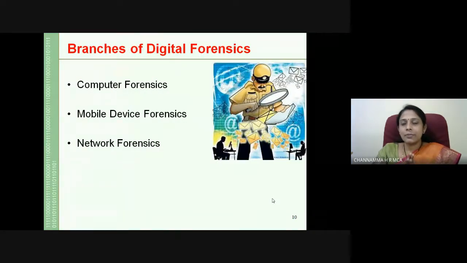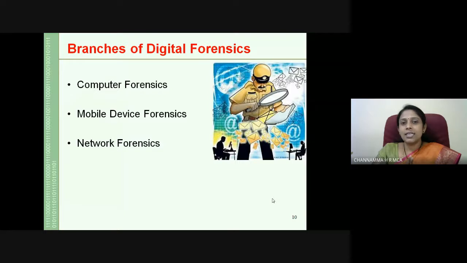There are three branches. Actually, I have listed only three here. The list of branches of digital forensics is endless, basically with respect to how we collect digital evidence from different digital devices. Based on that, I have mentioned only three branches here. The first is computer forensics.